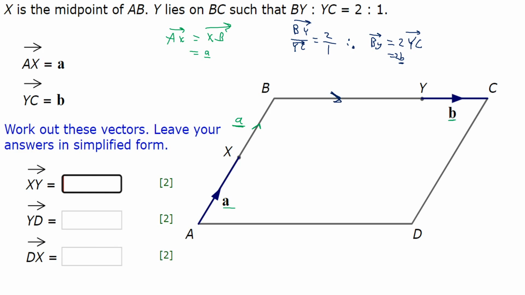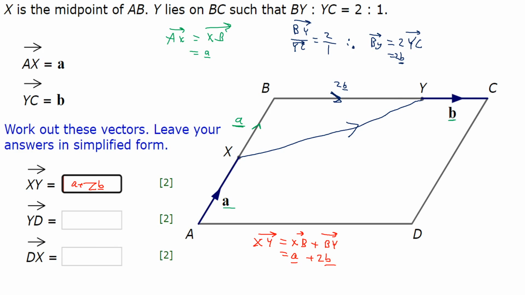Okay, so now we know that X to Y is just going to be X to B plus B to Y, which is equal to a plus 2b. That's our final answer.